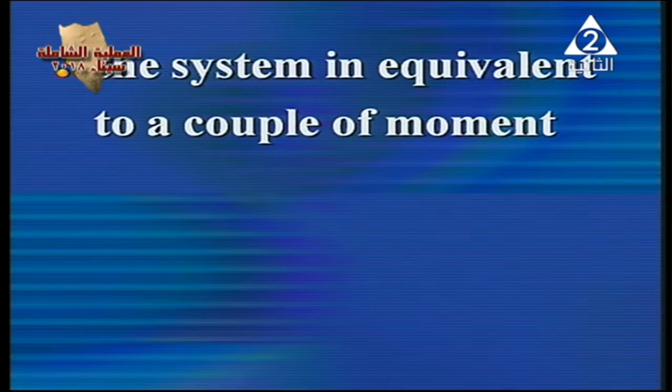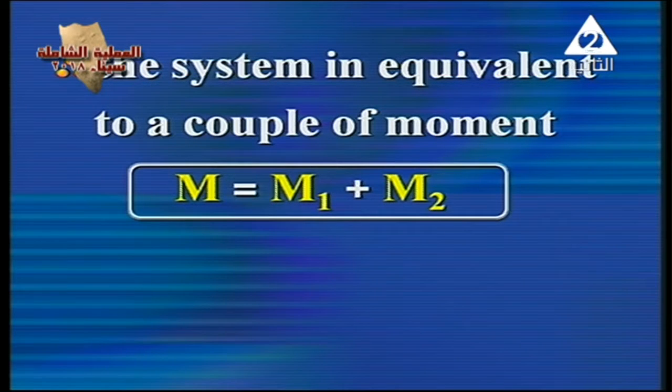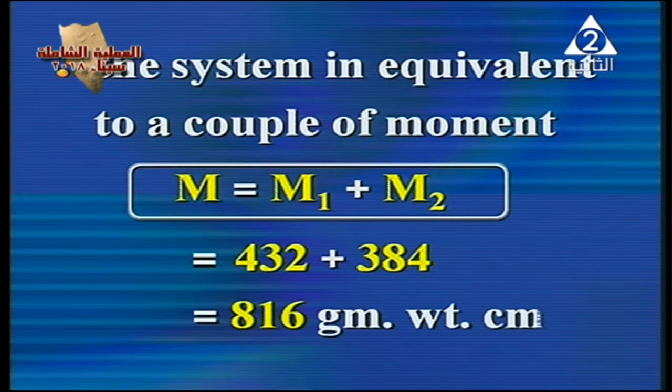Then the system is equivalent to a couple of moment equal to the sum of the first moment plus the second moment, 432 plus 384. Then the system is equivalent to a couple of moment 816 gram weight dot centimeter.